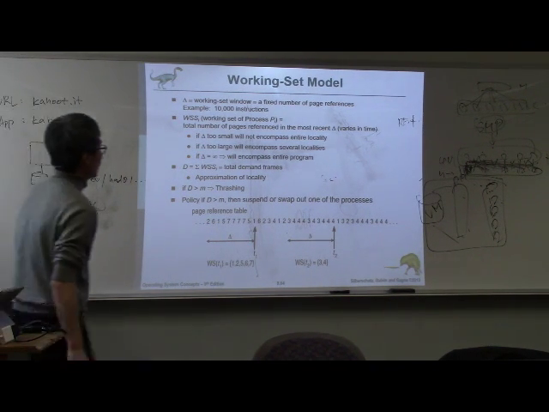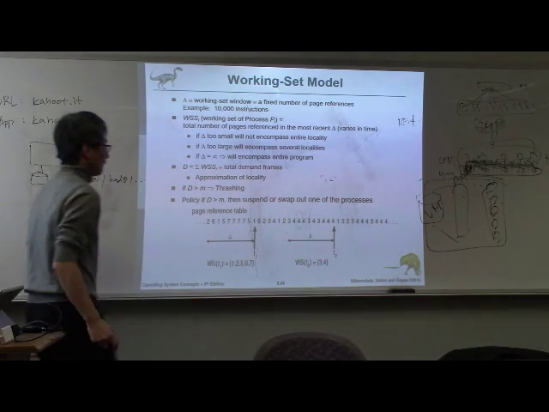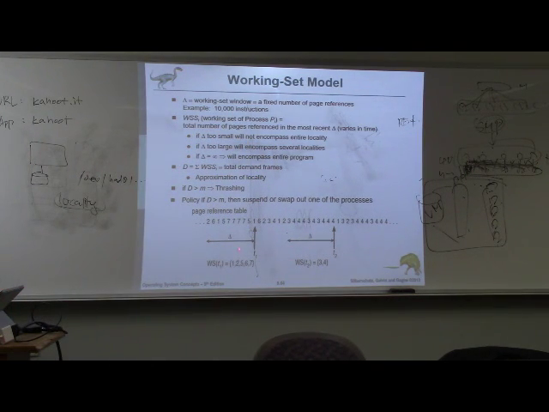For example, you can see page numbers 1, 2, 5, 6, 7 are working together here. In this case, 3 and 4 are working together here. So we are going to say this is the group of the working set, a group of pages that are working together.